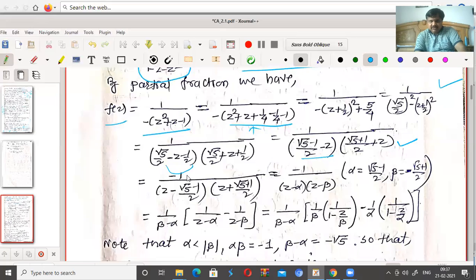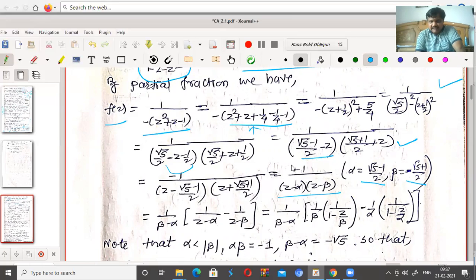That is minus 1 upon, taking minus common, z minus root 5 minus 1 upon 2, z plus root 5 plus 1 upon 2. You can write minus 1 upon z minus alpha, z minus beta, where alpha is root 5 minus 1 by 2, beta is minus of root 5 plus 1 upon 2.